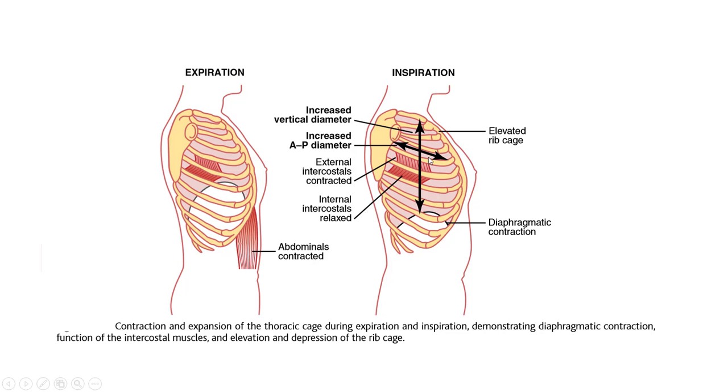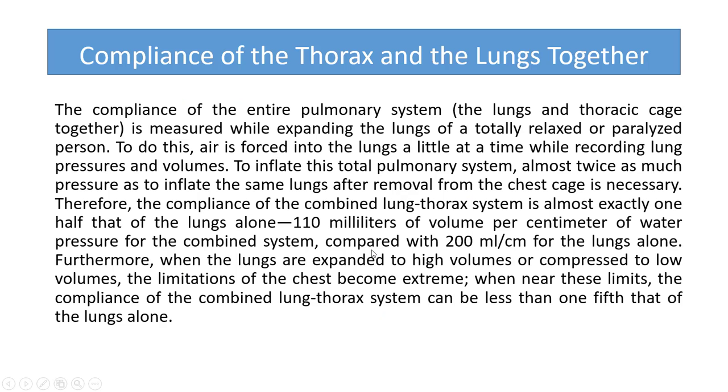The arrow shows the movement. Diaphragmatic contraction, abdominal muscles contracted, internal intercostal relaxed state, external intercostal contraction state, increased diameter, increased vertical diameter. This is the diagram which shows the expiration and inspiration.